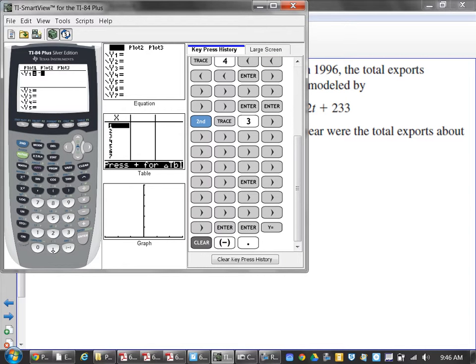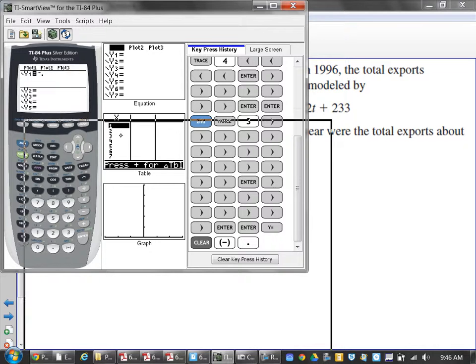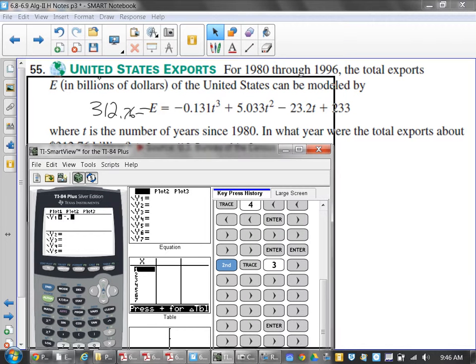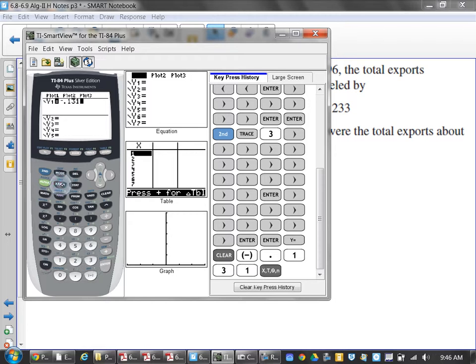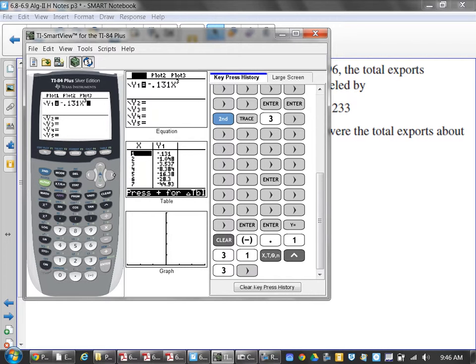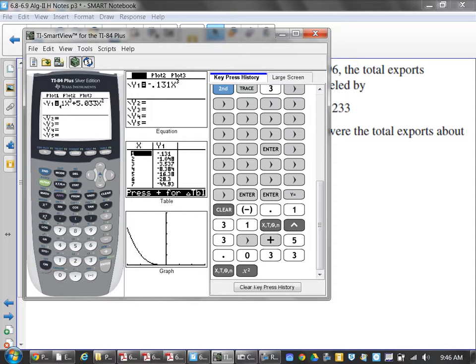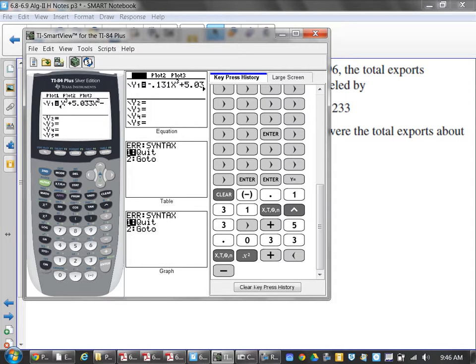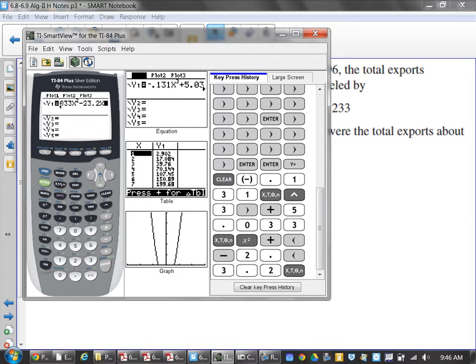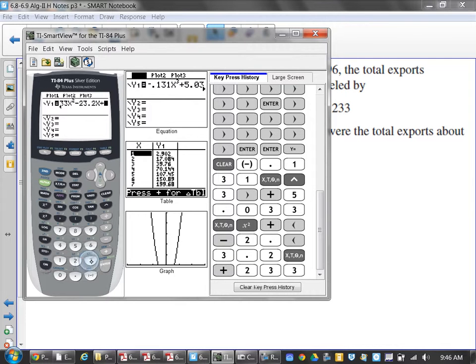It's negative 0.131x cubed plus 5.2x squared minus 23.2x plus 233.